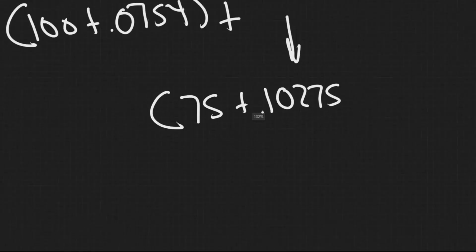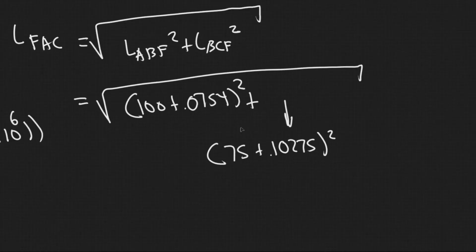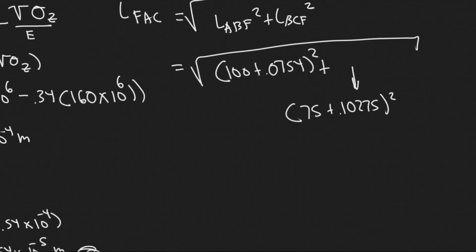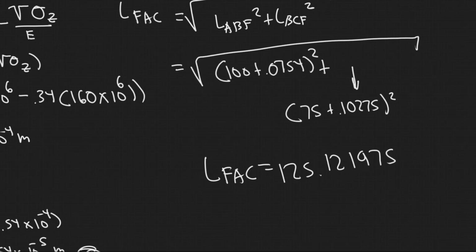But yeah, so this is now squared. So now we have LAB final and LBC final. And then if you plug this in, you're getting L final of our diagonal AC, which is a value of 125.129, yeah. Coolio. So this is your final for the diagonal in millimeters.